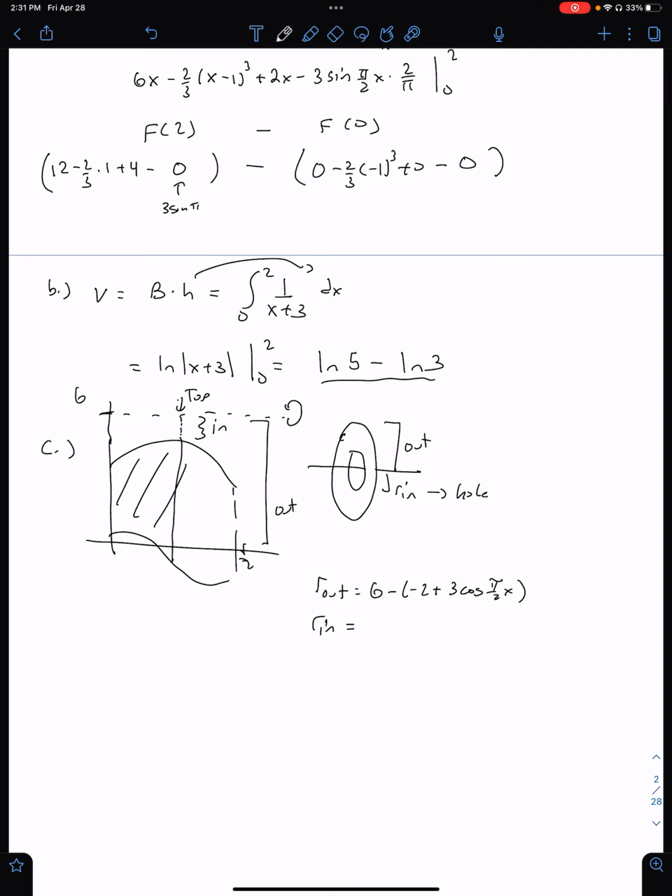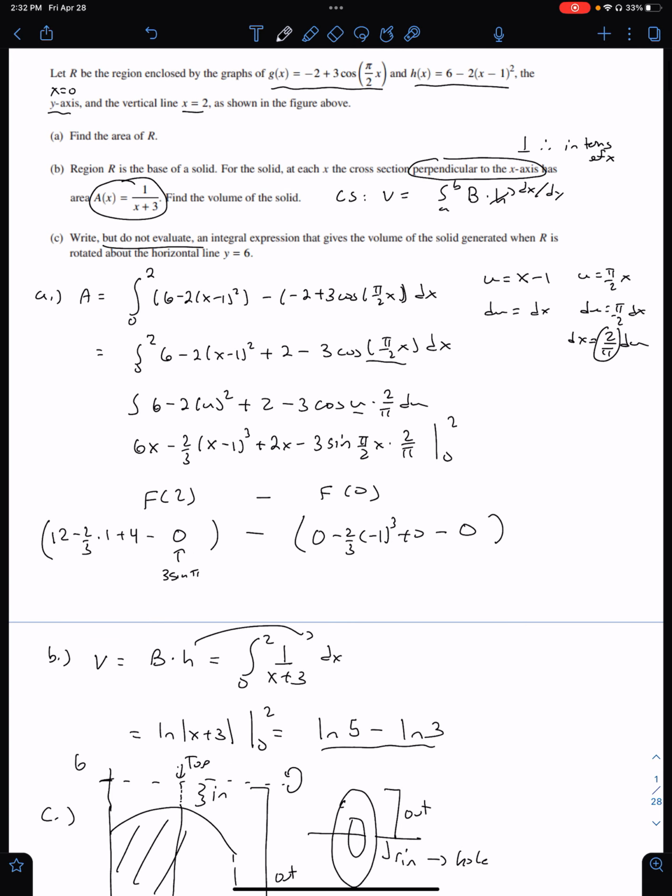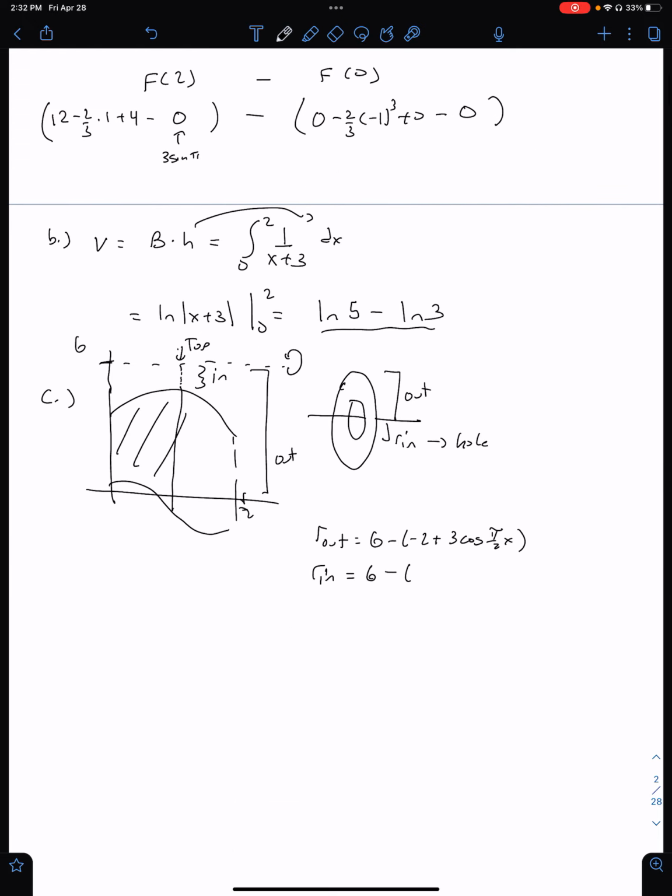The inside radius right here, our top is still the 6, and our bottom is the parabola this time. So we would get 6 minus our parabola. So what's the equation of our parabola? It was 6 minus 2, x minus 1 squared. I can clean that up if I wanted to. This comes out nicely. 2 times x minus 1 squared.